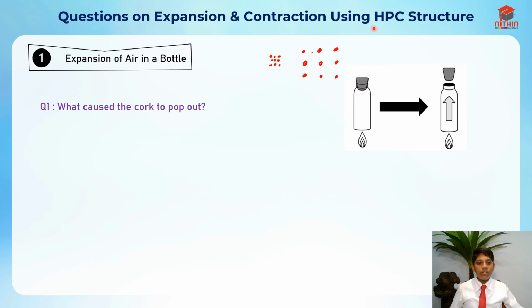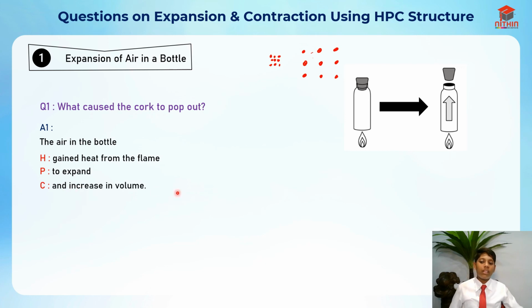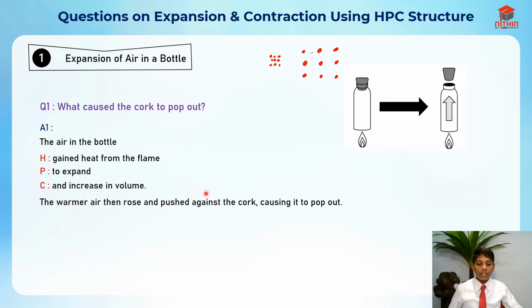We need to use the HPC structure to answer this question. How do we use it? For H, the air in the bottle gains heat from the flame, then P, to expand, this is the process, C, an increase in volume. After that we need to say the warmer air then rose and pushed against the cork, causing it to pop out.